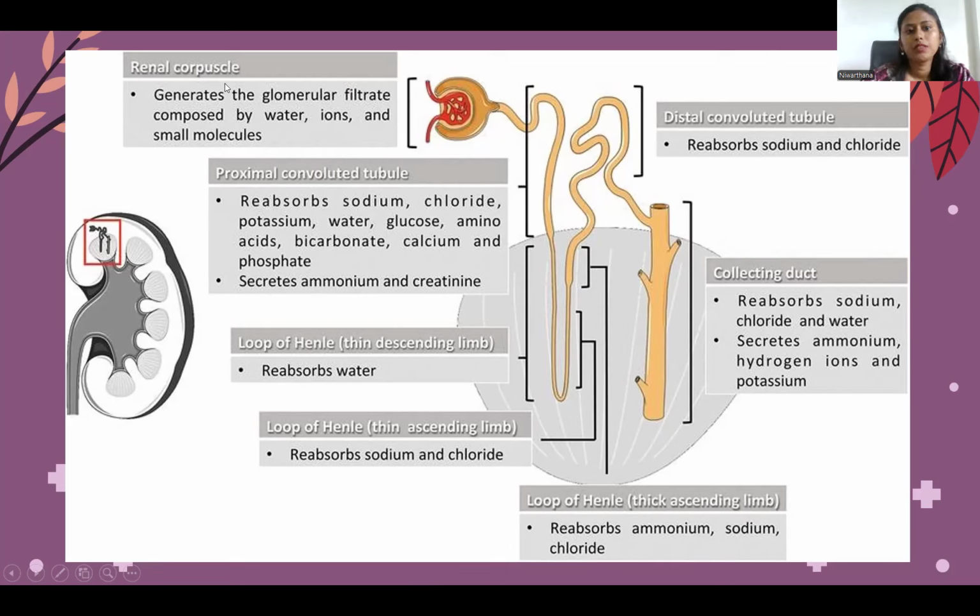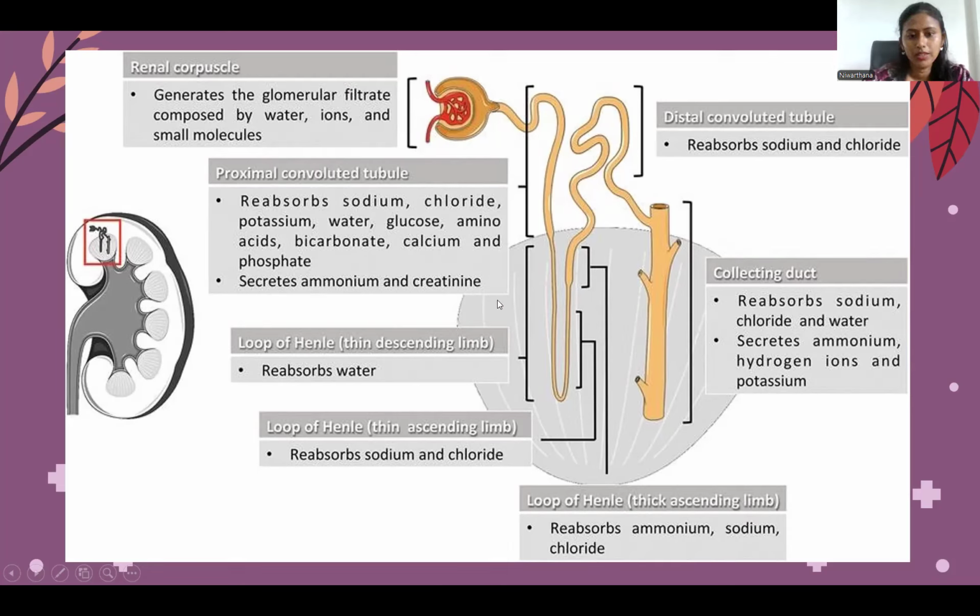The renal corpuscle generates the glomerular filtrate, which is composed of water, ions, and small molecules. The part right after the glomerulus, the renal tubule, is called the proximal convoluted tubule. It reabsorbs sodium, chloride, potassium, water, glucose, amino acids, these ions, and it secretes ammonia and creatinine.